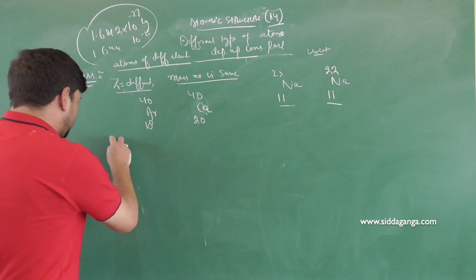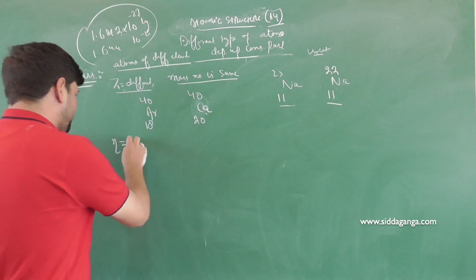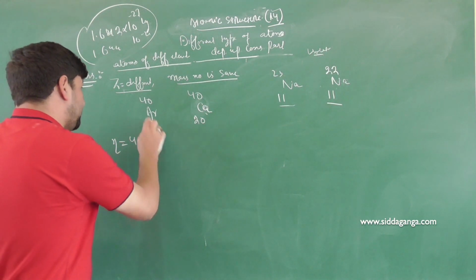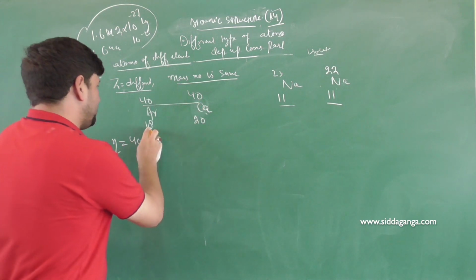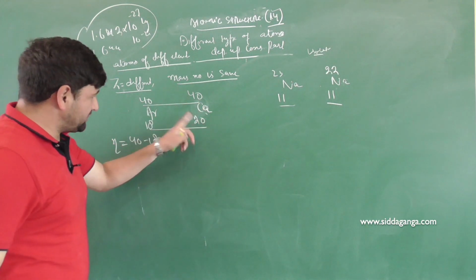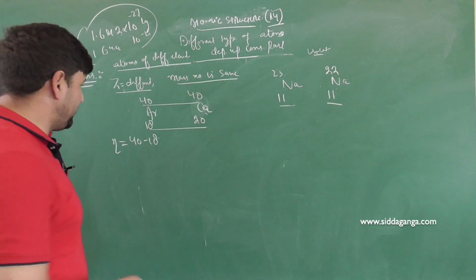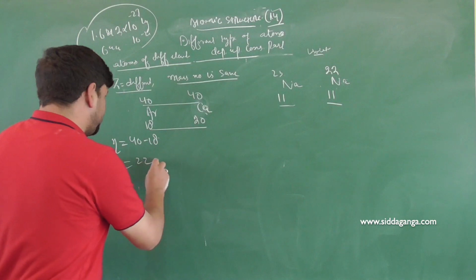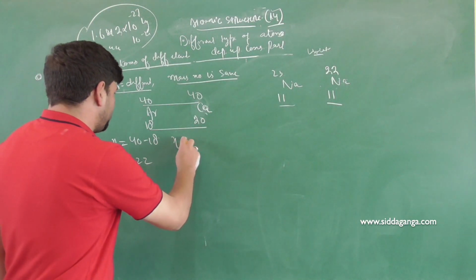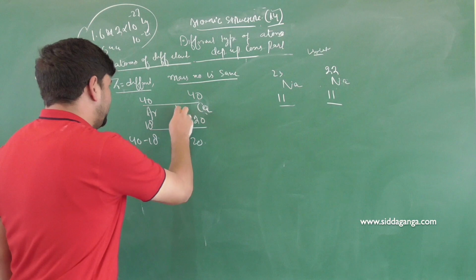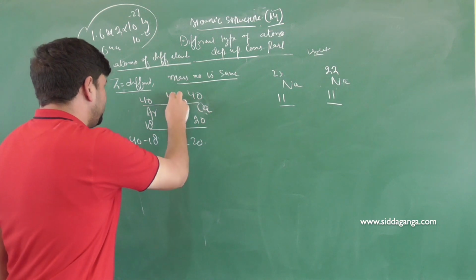Clear? So if you calculate the number of neutrons, it will be 40 minus 18. Mass number is the same, atomic number is different, so the number of neutrons will also be different. So 40 minus 18 is 22. And here the number of neutrons equals 20. You can add potassium also, which will be 19, 40 as well.